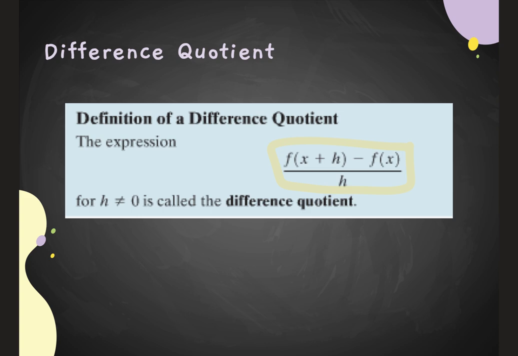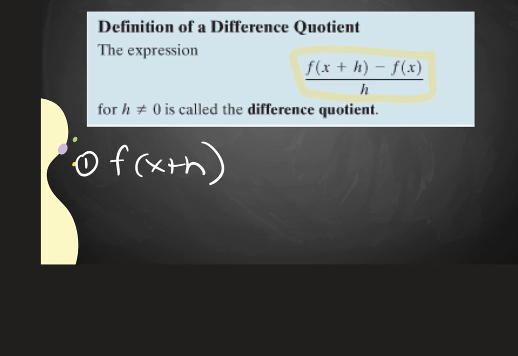And if we break this into parts, the first thing we're going to do is find f of x plus h. So it's going to give you an f of x. And in that, you're going to take the x plus h and you're going to plug it in everywhere there's an x and you're going to simplify it. That's the first step. Then from whatever you get from that, you're going to subtract your original f of x.